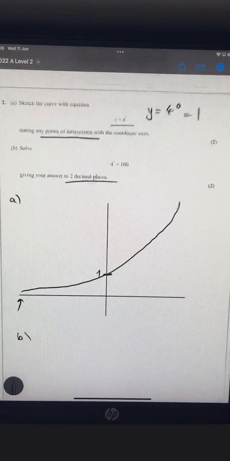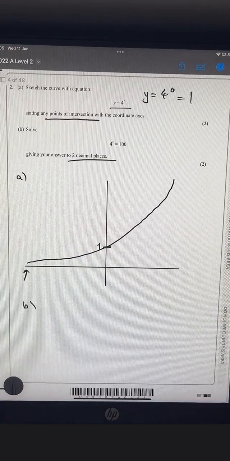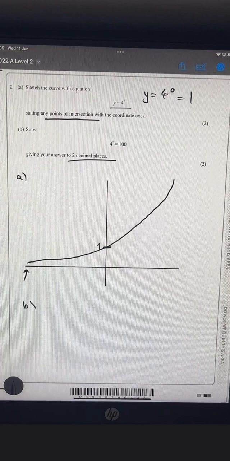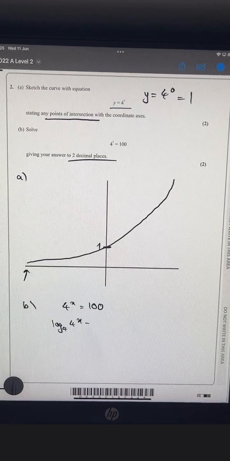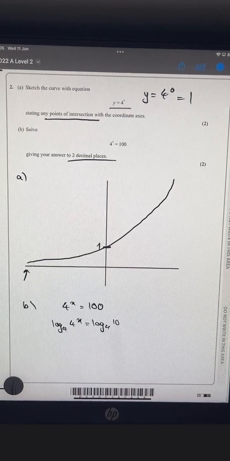So this one, we're just going to solve an equation using logs. So 4 to the x equals 100. And to make it easier, I'm going to take log to base 4 of both sides so I can make the left-hand side much easier to cancel out. So it'll look like this: log 4 of 4 to the x equals log 4 of 100. And we can bring this power to the front because of our log power law.